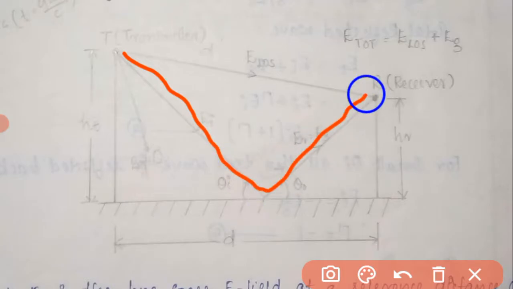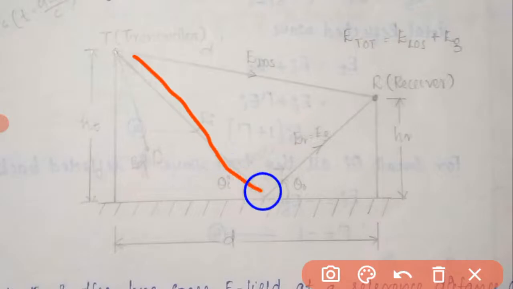The distance of this line of sight path is d dash. There is another wave, the reflected wave. From the transmitter this wave is incident onto the ground and then reflected back to the receiver. This is the ground reflected wave.